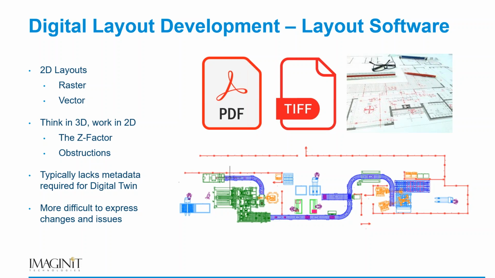It's definitely a lot more difficult to express changes and issues, but I think we can all agree that 2D is a very common currency inside of engineering, right? A lot of people consume 2D data very readily because of viewers and the portability of 2D in a lot of ways. And that has been changing, right?